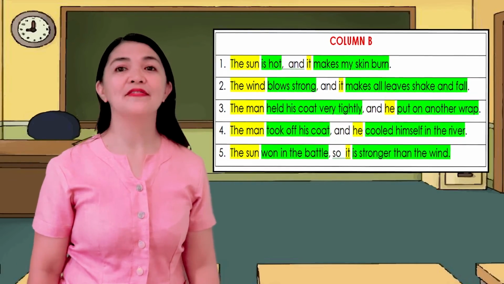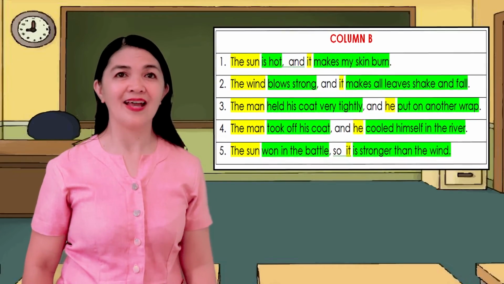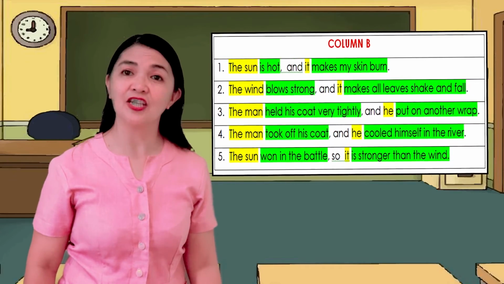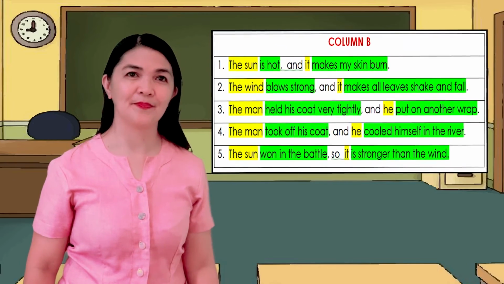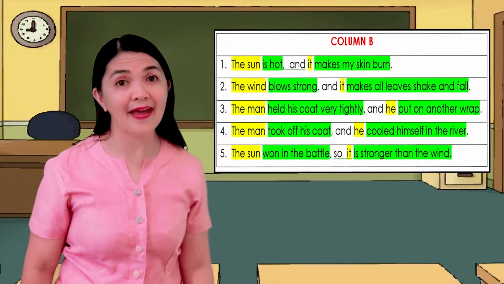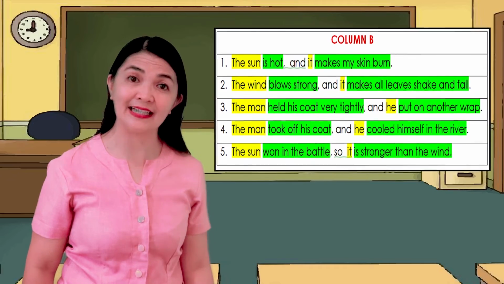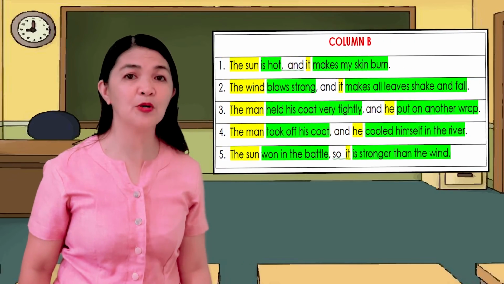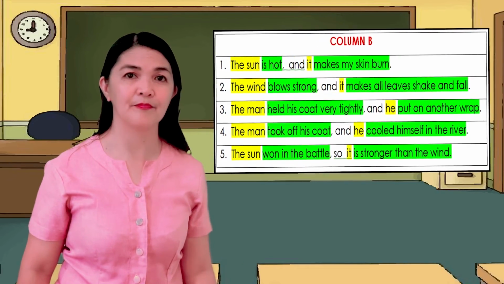Number 2, the wind blows strong and it makes all leaves shake and fall. Number 3, the man held his coat very tightly and he put on another wrap.